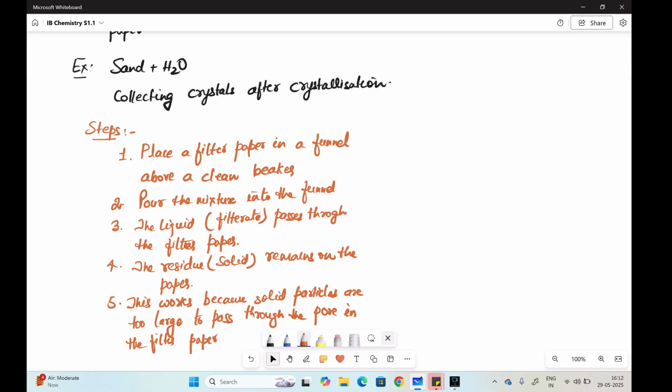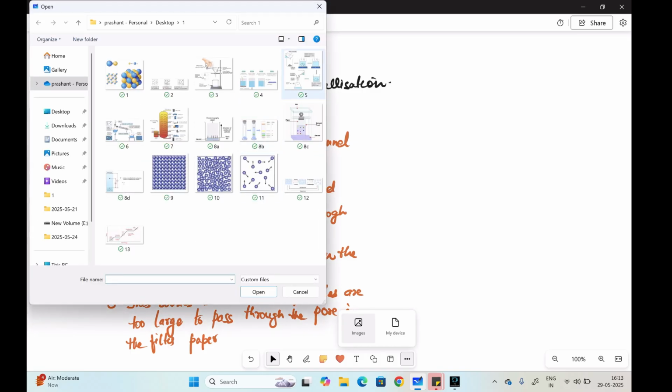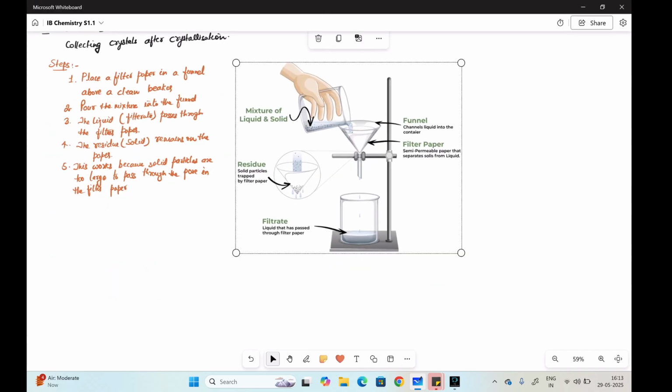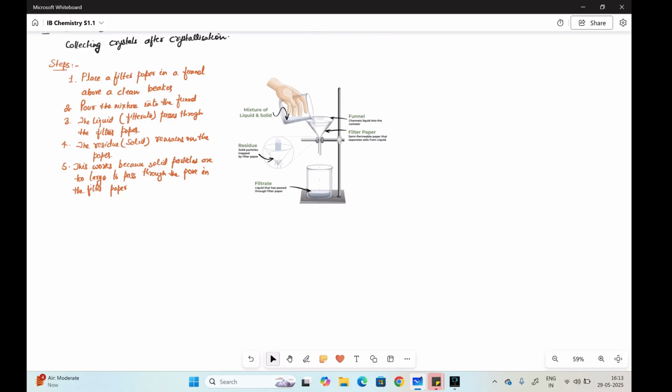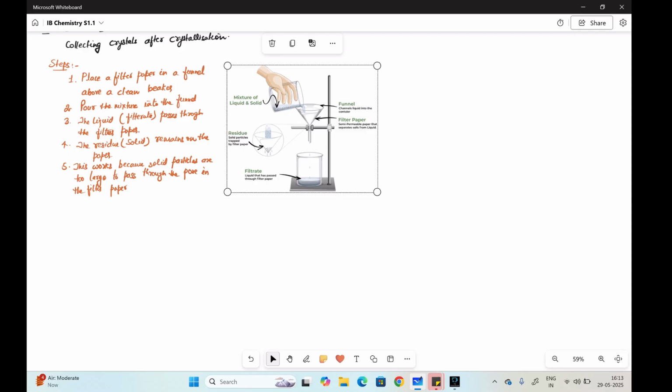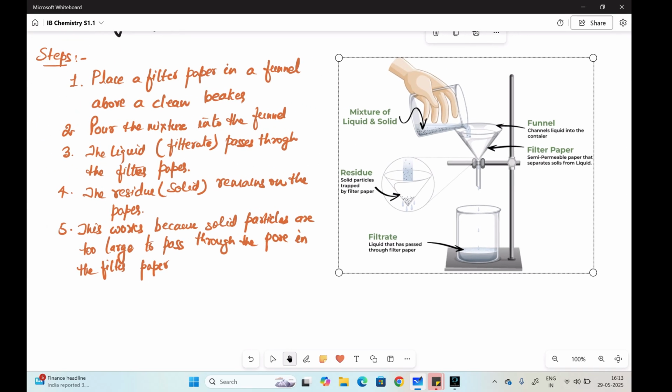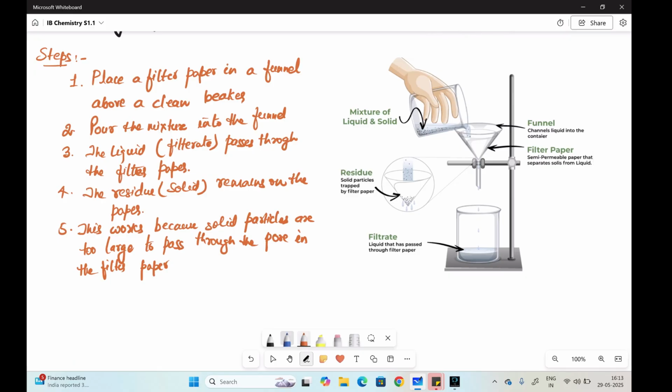Let me show you a very basic diagram of the filtration. So you can see this is a very basic filtration technique. This is the funnel. The funnel is placed here.